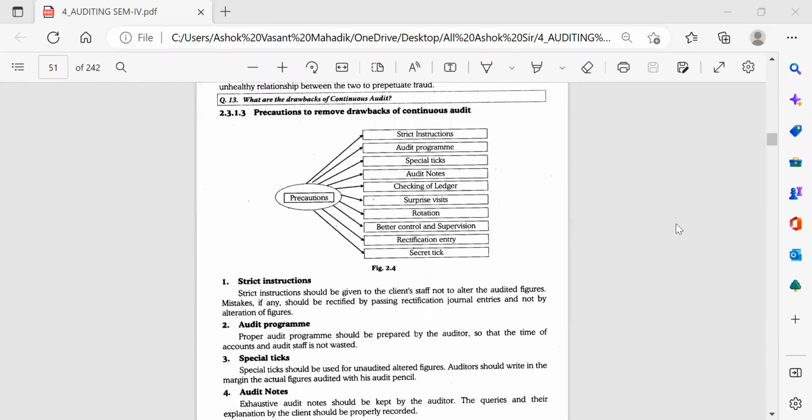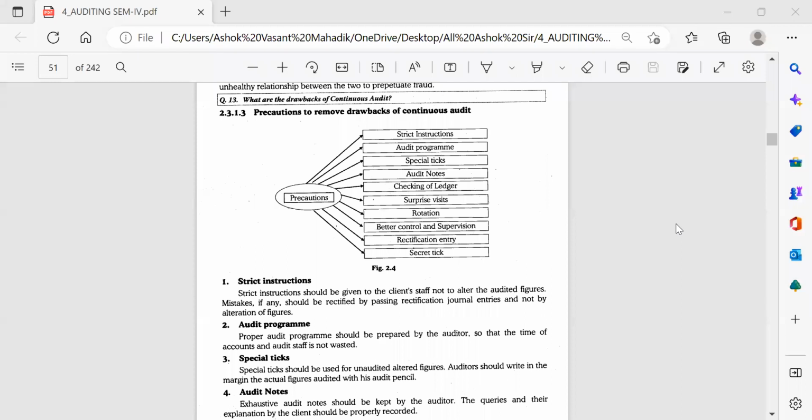Now, what you can do to overcome those disadvantages is given here. First, strict instruction. You can give strict instructions to the office staff that no alteration is allowed once the audit is done, and strict action will be taken if found. Second, audit program. An audit program is nothing but a program or schedule prepared to cover the audit.